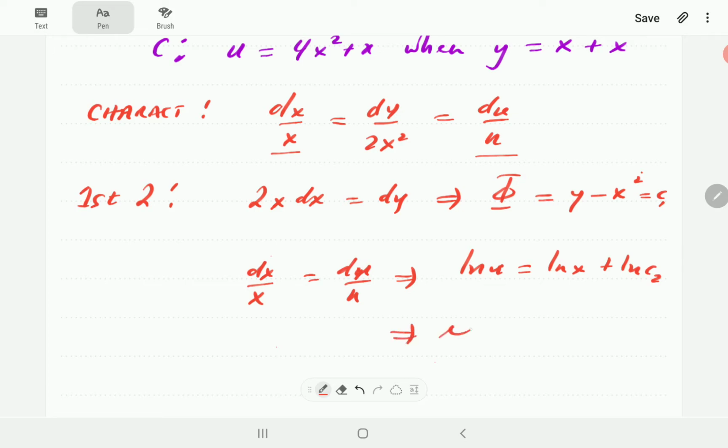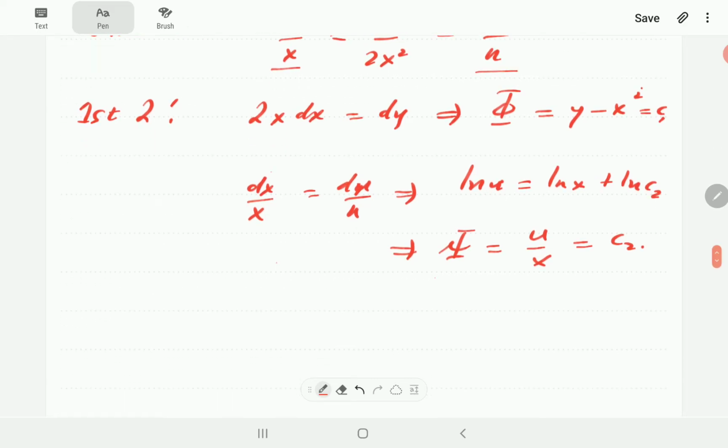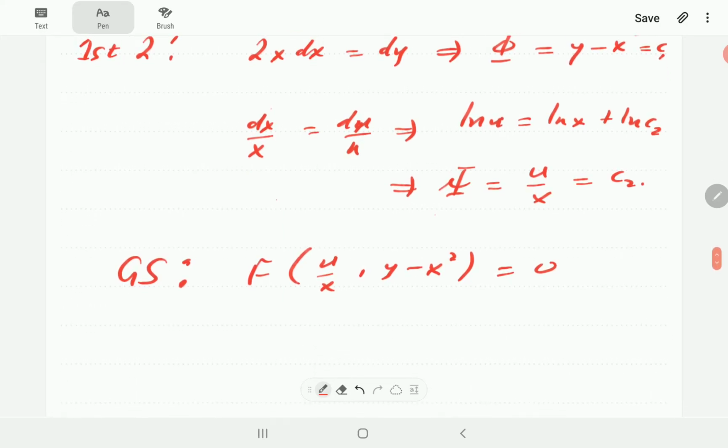So from here, psi is going to be u over x, which is going to be equal to c2. So that means the general solution we can write from here is going to be f of u over x and y minus x squared equal to 0.